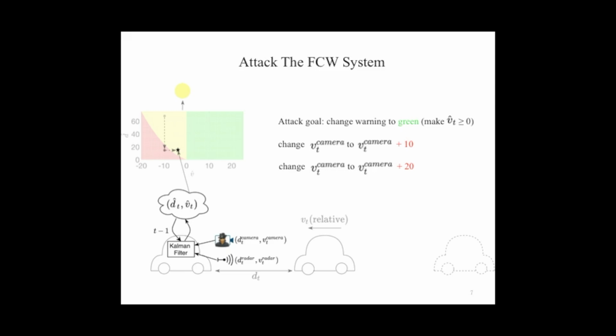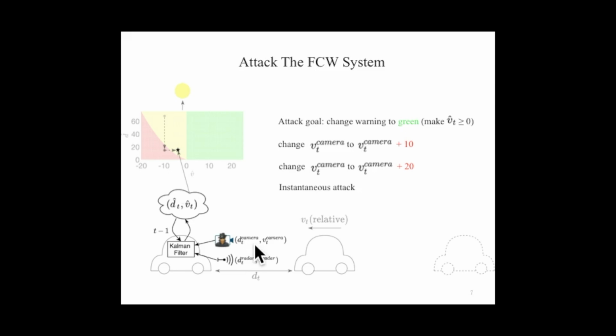That means if the attacker increases the velocity by 20, the Kalman filter velocity estimation might only increase by less than 10, which still cannot lead to the target green light. So these two attacks share the same spirit in that both are instantaneous attacks, where only the current measurements are manipulated. This typically requires a large attack cost, meaning the attacker needs to significantly change the measurements in order to cause the desired warning light.